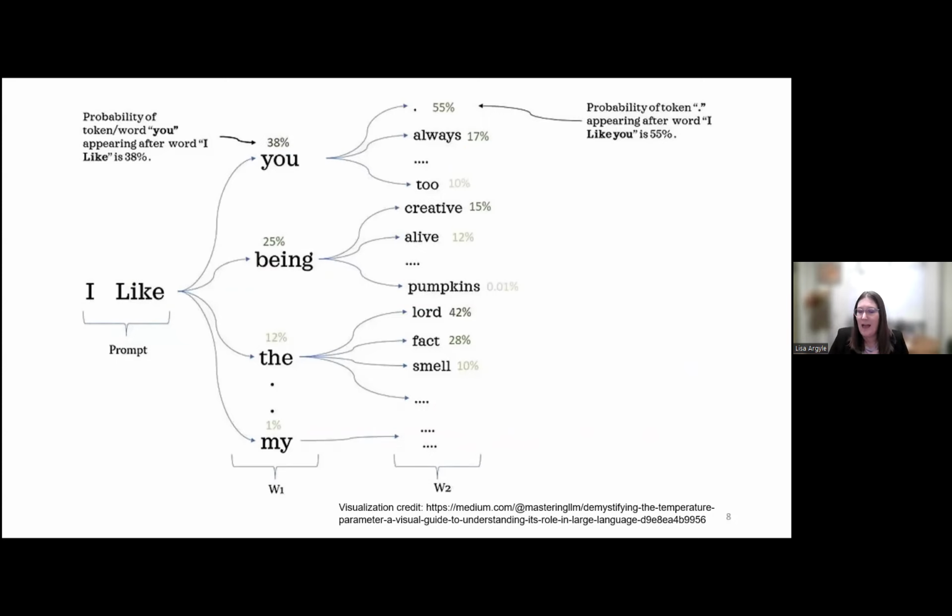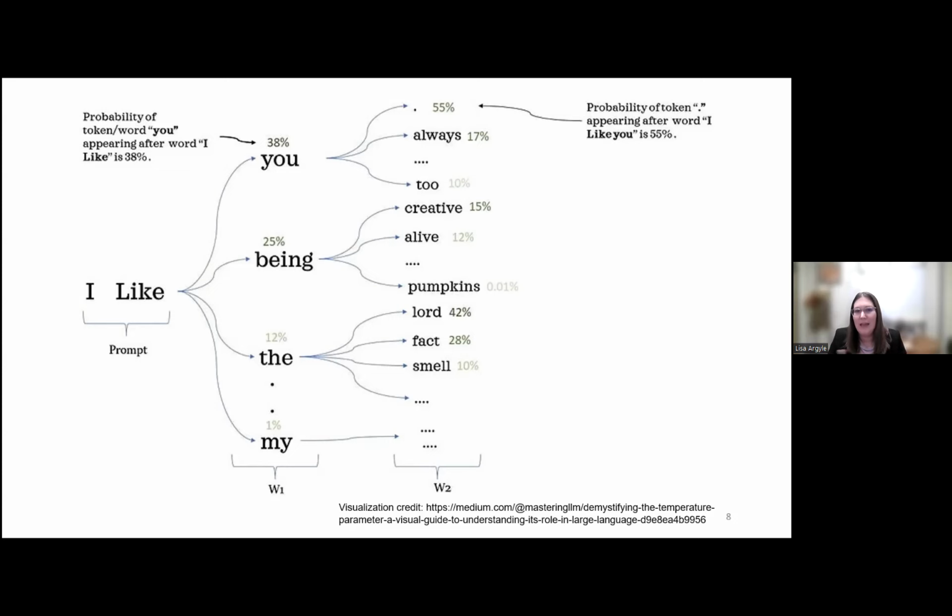If we started with "I like" as our prompt, there's some probability for all of the next words, for example's sake. So you might have a 38% probability of being the next most probable word. But it's doing this one token at a time. So if "I like," and then it's sampling from a distribution of possible words, it comes up with the probability and then samples from among that probability distribution to pick the next word.